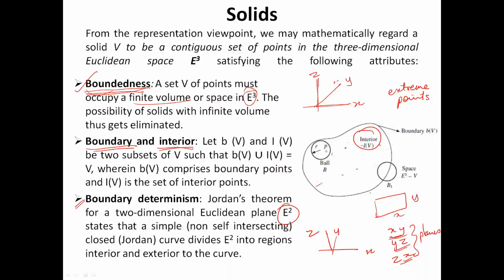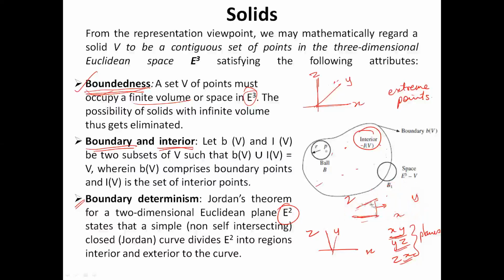Now if I want to create another plane like this, which is the yz plane, the yz plane should not cut the xy plane anywhere. It should rather meet the xy plane to create the boundary. If this plane shifts by some distance and starts to cut, then your solid is not a valid solid.